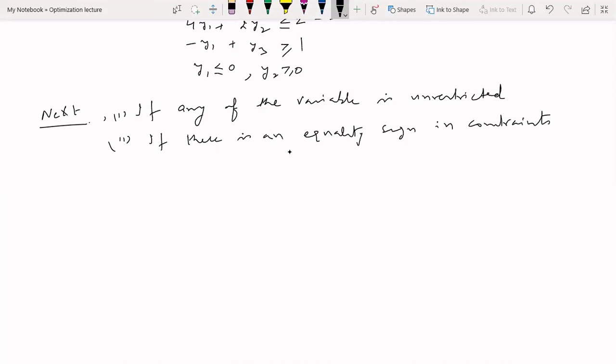What we have to do in this case is an observation, or a note here. This is simply incorporating the things.